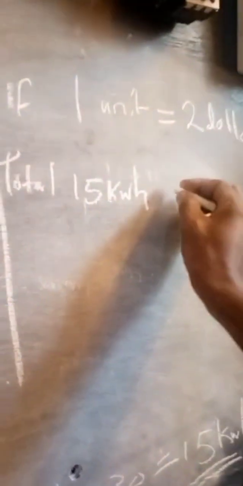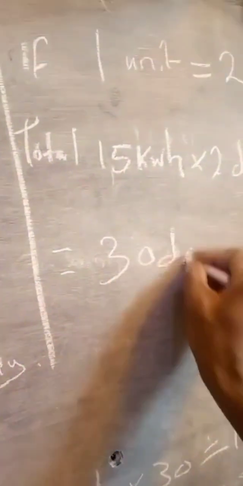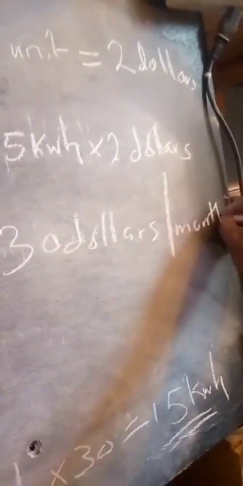So if 1 unit or 1 kilowatt hour is equal to $2, my total bill will be 15 kilowatt hours times $2. This one will give me $30 per month.